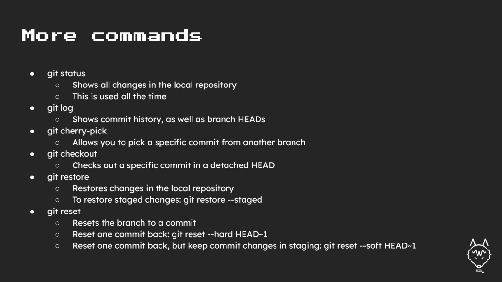I use this all the time to amend commits and squash commits. Basically what this does is it takes your commit and resets it to the commit before that. But all the changes made in that commit are added to your staging area, so they're not deleted permanently like with hard.